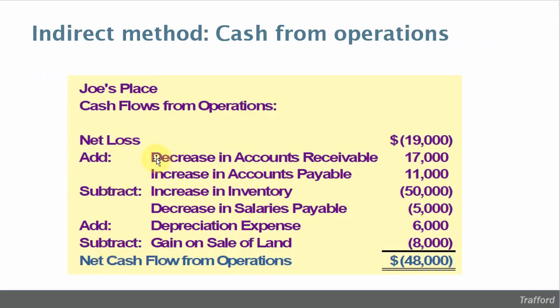Here's what our indirect method format would look like for Joe's Place. We're starting with the income statement amount. It was a loss for Joe's Place. You can see that down here at the bottom, we've had to add back depreciation expense and subtract the gain on the sale of land, just as we talked about a moment ago.